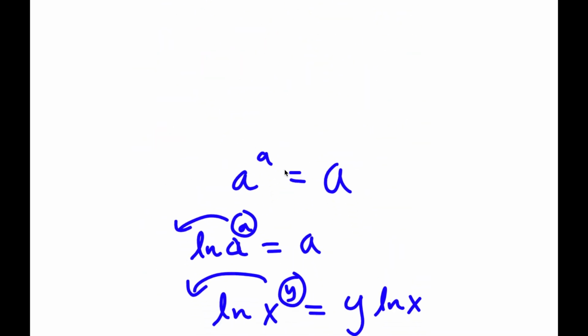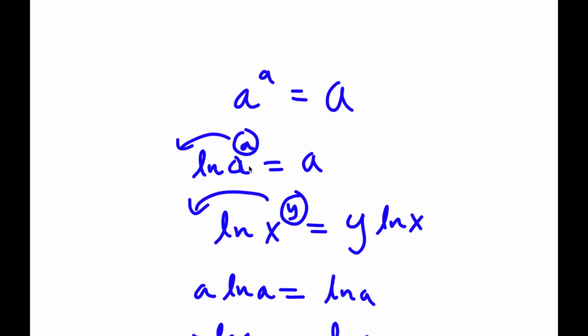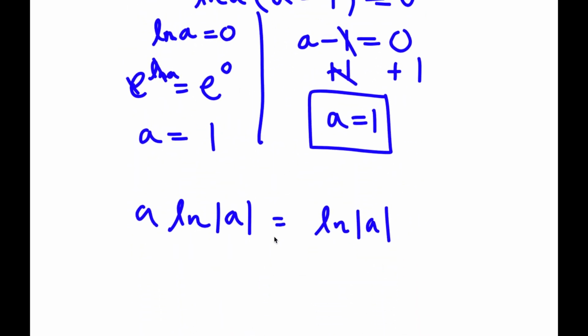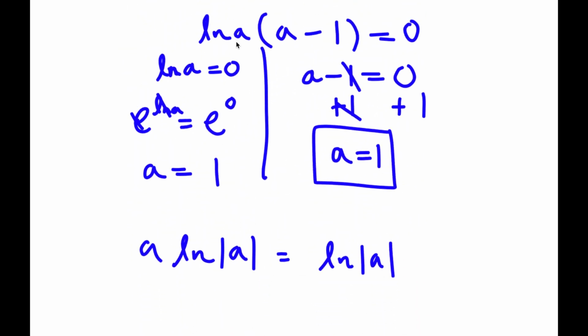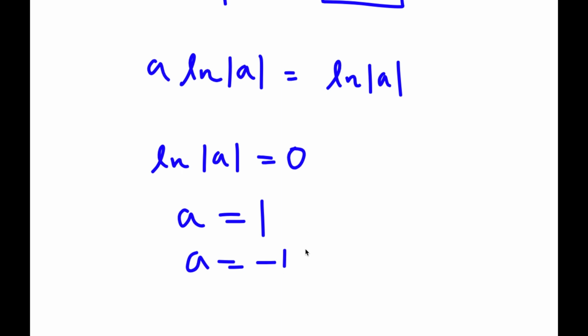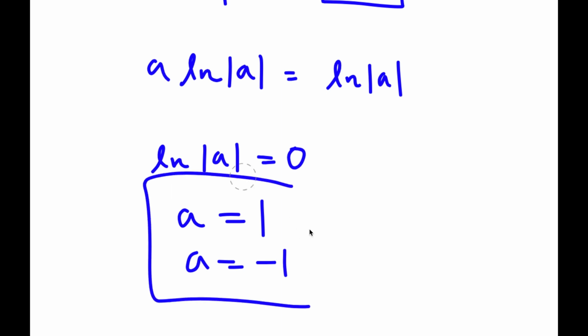Because remember, over here I only took the ln normally, but now this is the absolute value. So now I'm going to have ln of the absolute value of a is equal to 0. And this means that a is going to equal 1 as well as negative 1. So these are my two solutions.